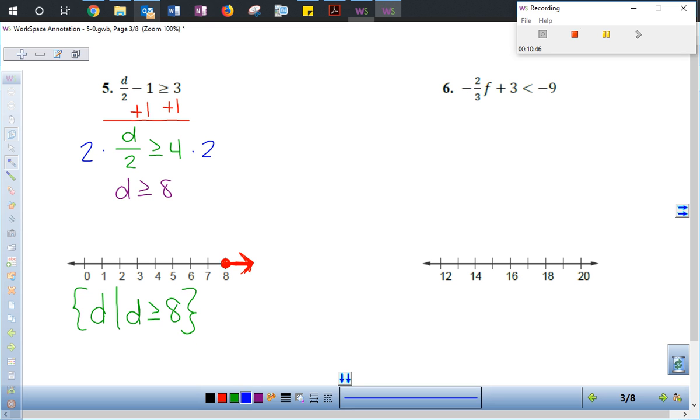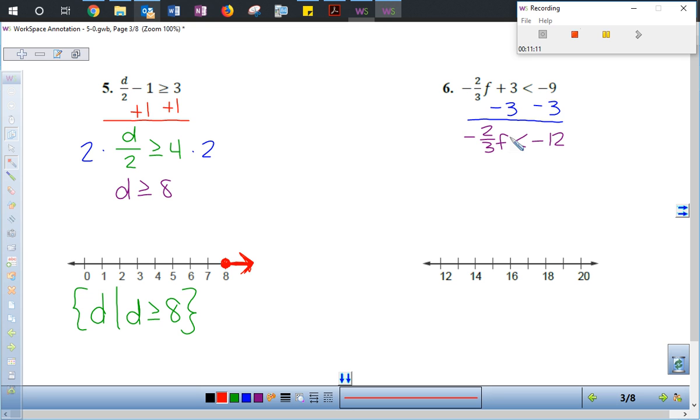Alright, on number 6, I want to solve for f. So I'm going to start by subtracting 3 from each side. So this is really no different than solving for an actual equation. So I have negative 2/3 f is less than negative 12. Then I want to get this negative 2/3 away from the f.